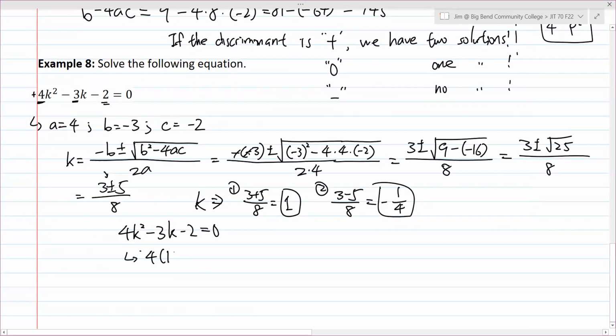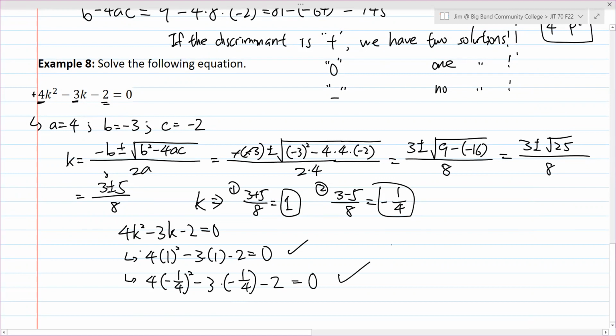We can plug in 1 back to the equation, and then the equation will be satisfied. And then we can also plug negative 1 over 4 into the equation. And then I guarantee you that it will work with the second number as well. So that is the meaning of having 2 solutions if the condition is met.